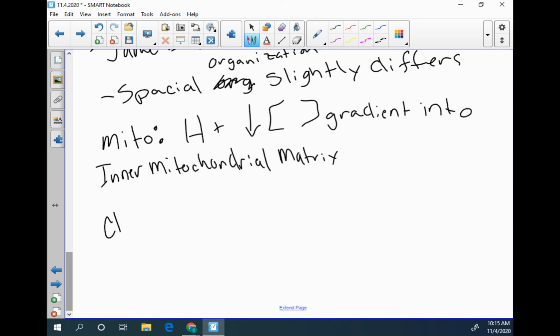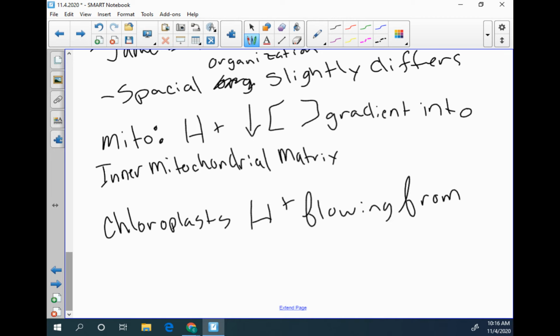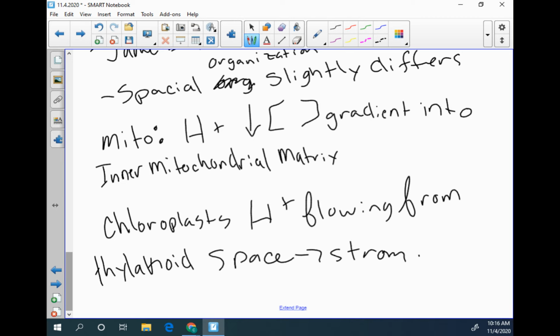In chloroplasts, we've got hydrogen ions flowing from the thylakoid space into the stroma. And that's really the main difference.